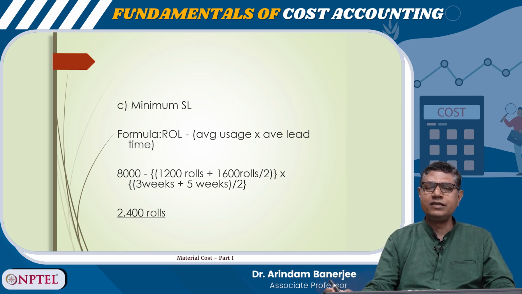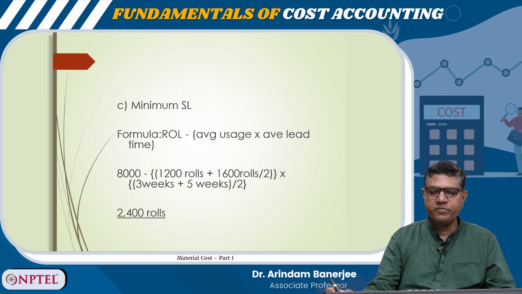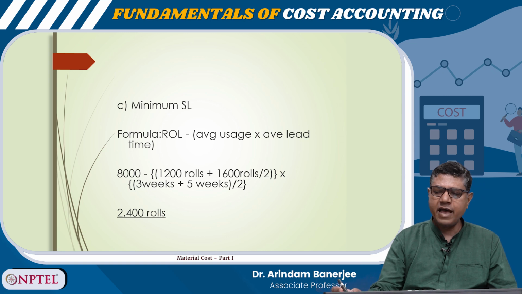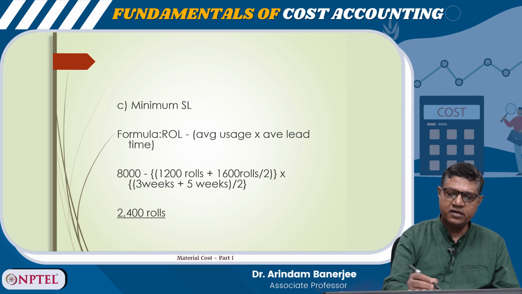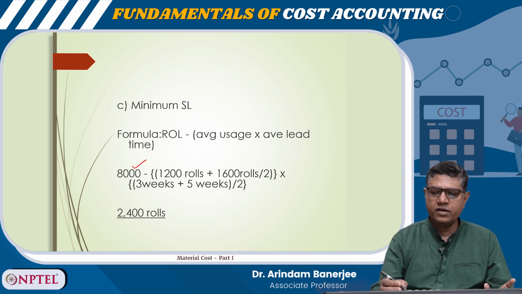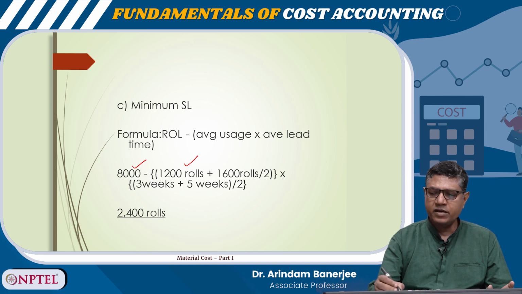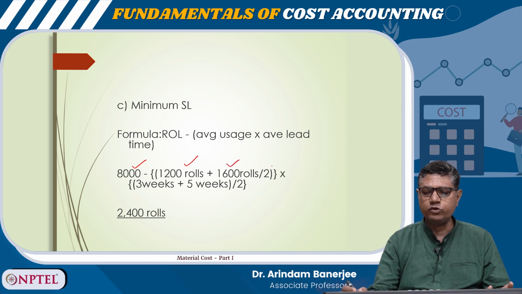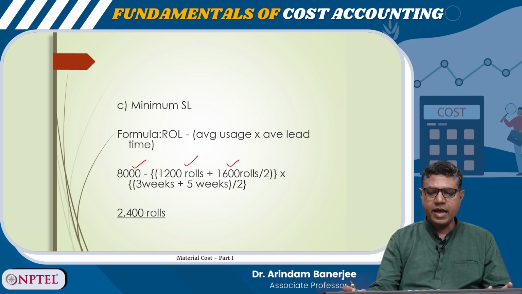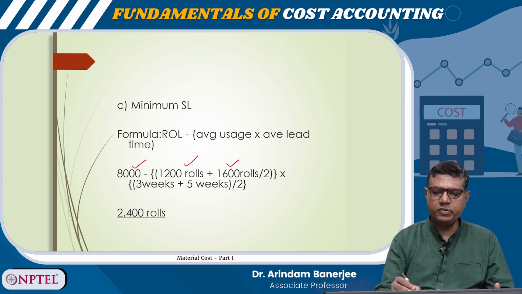The minimum stock level, what is it? How much minimum should they keep? Minimum is ROL minus average usage into average lead time. ROL is reorder level 8,000, you remember we calculated it. Average usage is 1200 rolls plus 1600 rolls divided by 2, and average lead time is between 3 to 5 weeks, so 3 weeks plus 5 weeks by 2.